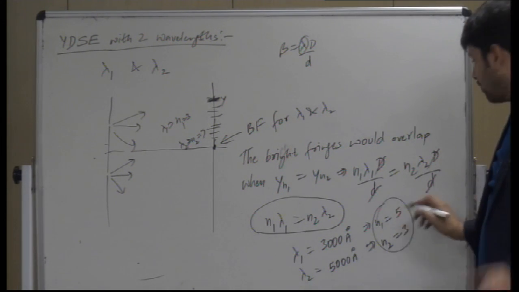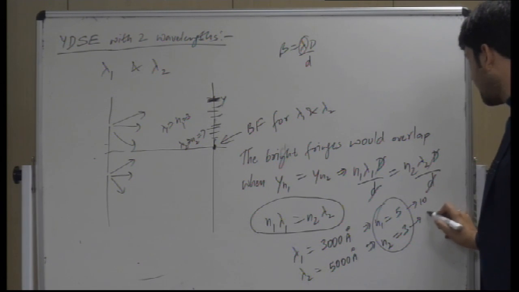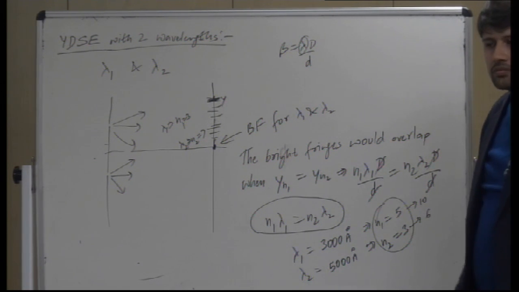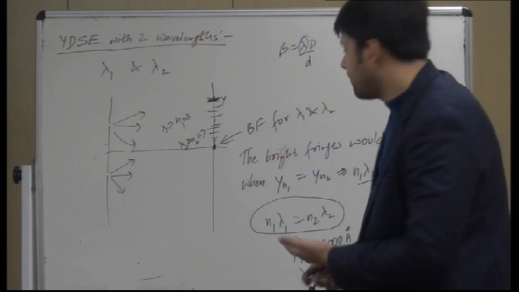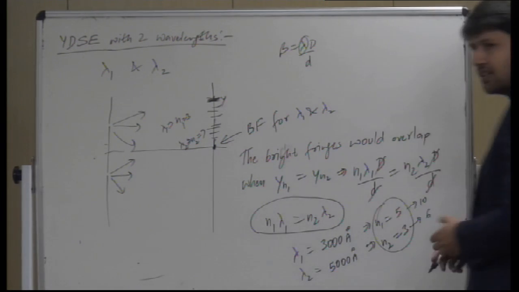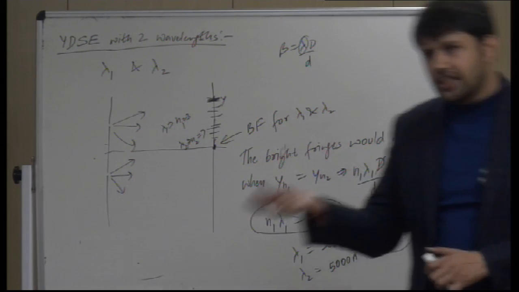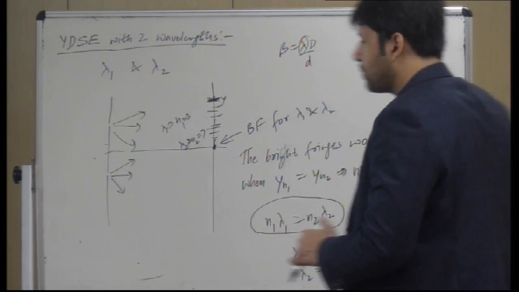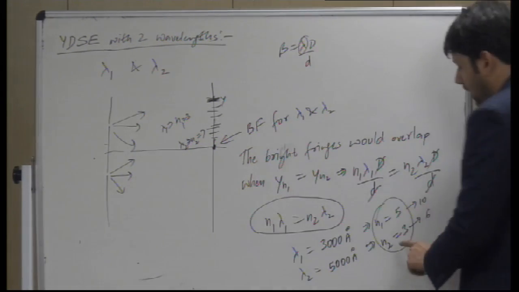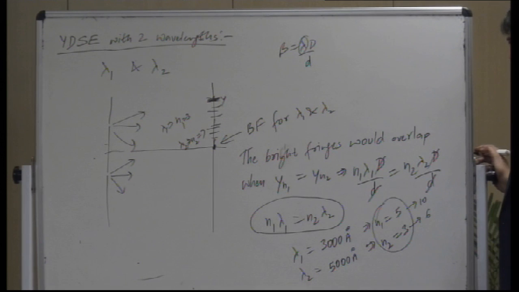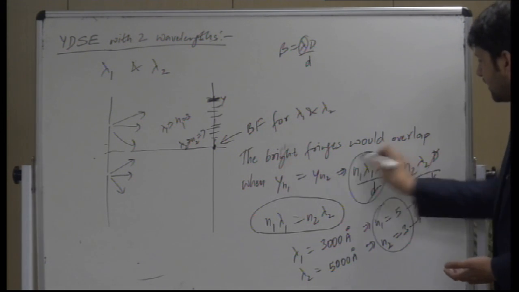The next time they would overlap is at 10 and 6, then 15 and 9, then 20, and in the same order it would keep multiplying, but the first overlap would come at this point. If you want to find the position of overlap, just put the value here.